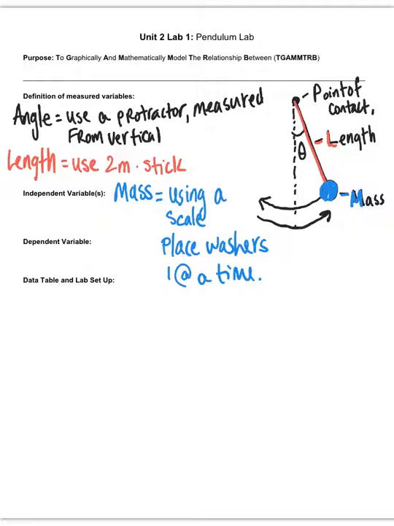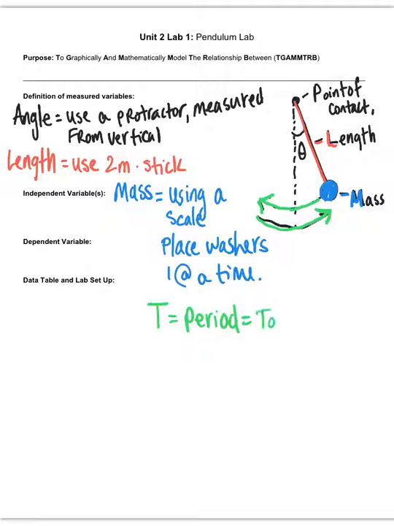Now the last thing that we are going to measure is the amount of time it takes for this object to oscillate. Now that time has a very special name, and that's called the period. So the period is the variable for time that we are going to measure for this motion.